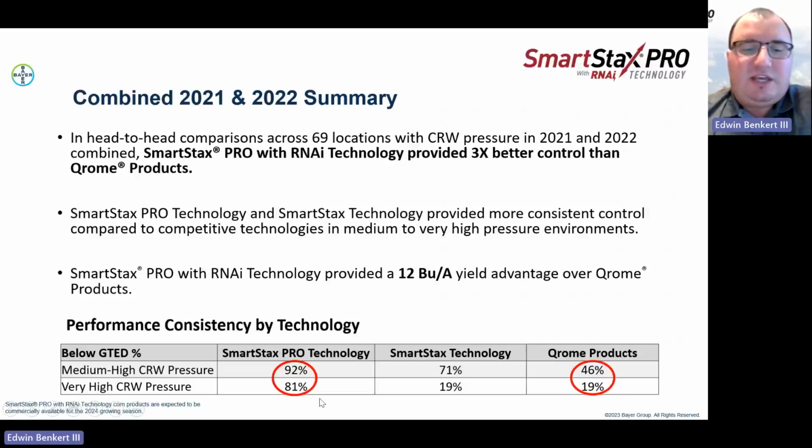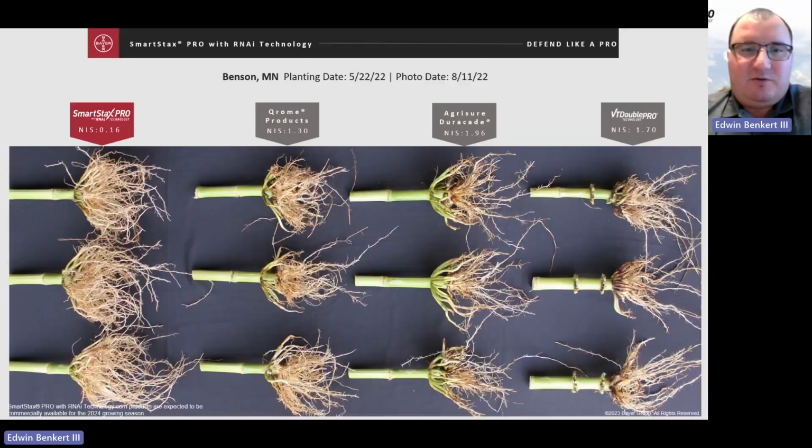So, again, with this number, 92 and 81 are very good, but they're also not 100%, right? So again, it goes back to SmartStax Pro is very effective at managing corn rootworm, but it's also not the silver bullet, right? So we still need to be thinking about our different management tactics and tools that we have in the toolbox when it comes to corn rootworm.